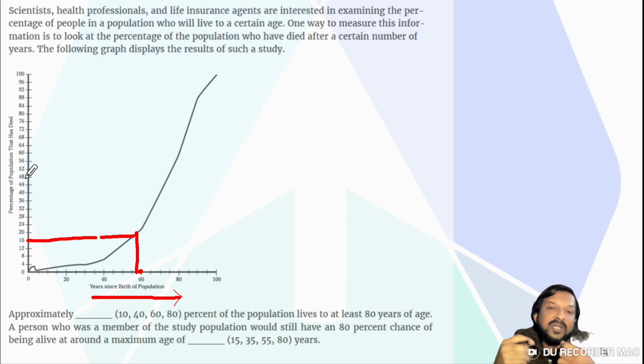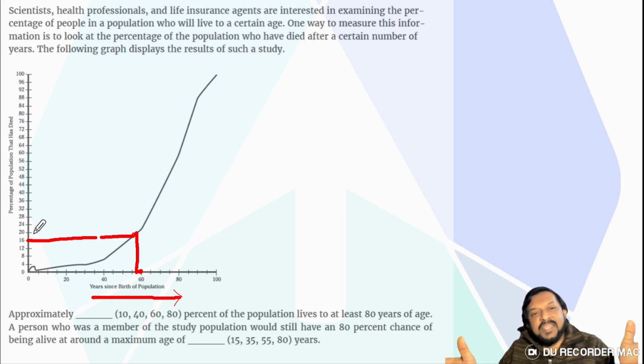Okay, so this is not about people who are still living, this is people who have died. So for example, if I relate to this point on the graph, which might correspond to 60, then at 60 years of age, 16% of the people have already died, which means that 84% of the people are still living. Okay, very simple calculation.